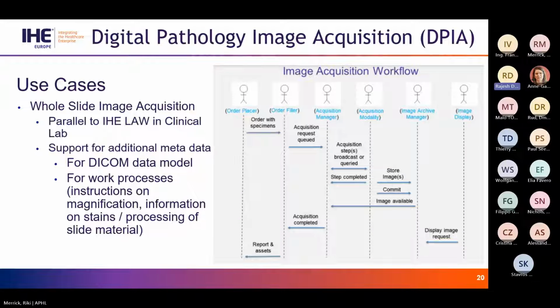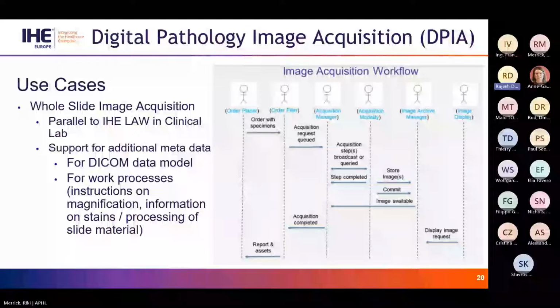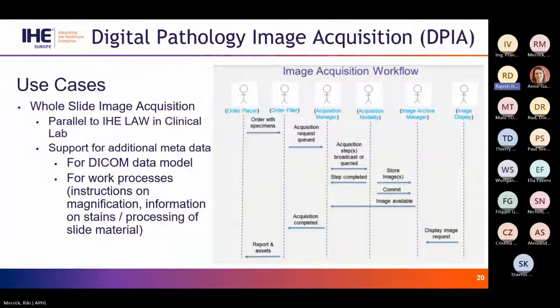A number of smaller steps are involved to acquire the whole slide image, storing the image into the PACS, recognizing that there's an image available and notifying back to the acquisition manager, which then needs to let the LIS know that images are available. And then whenever there's an image to display, bringing it back out of the Image Manager Archive and actually displaying it. Okay, next slide.